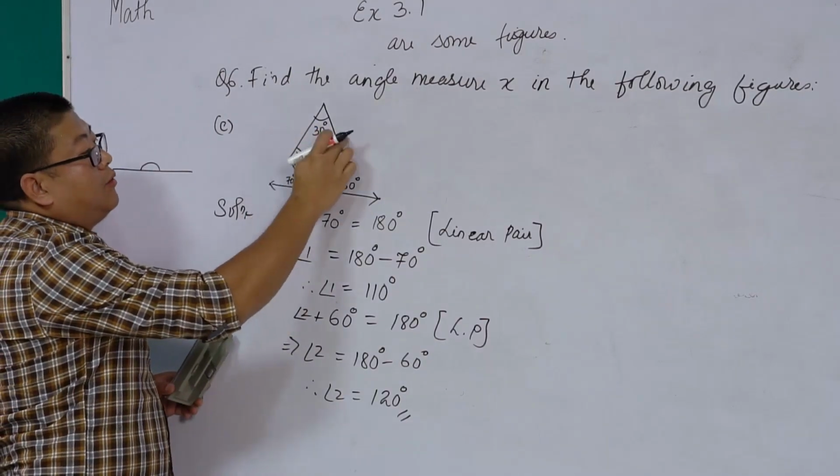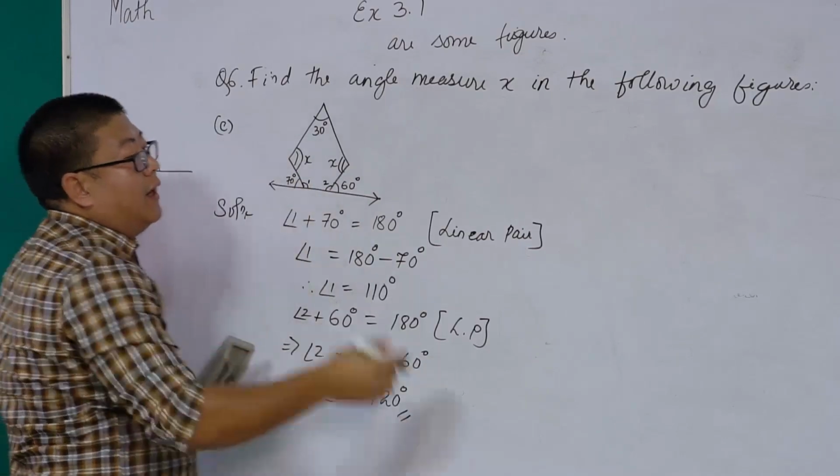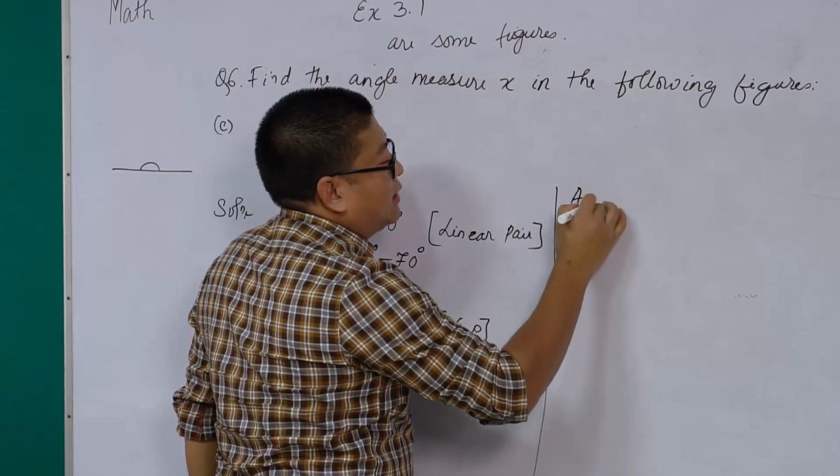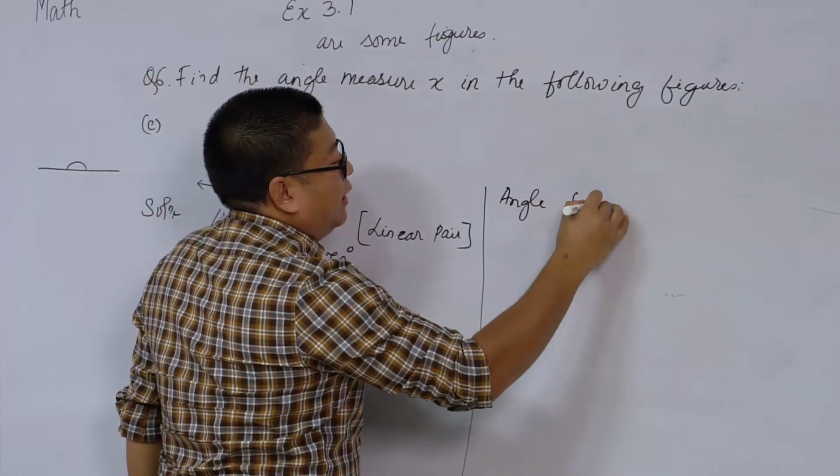There are 1, 2, 3, 4, 5 sides. 5 sides means we use the angle sum property.